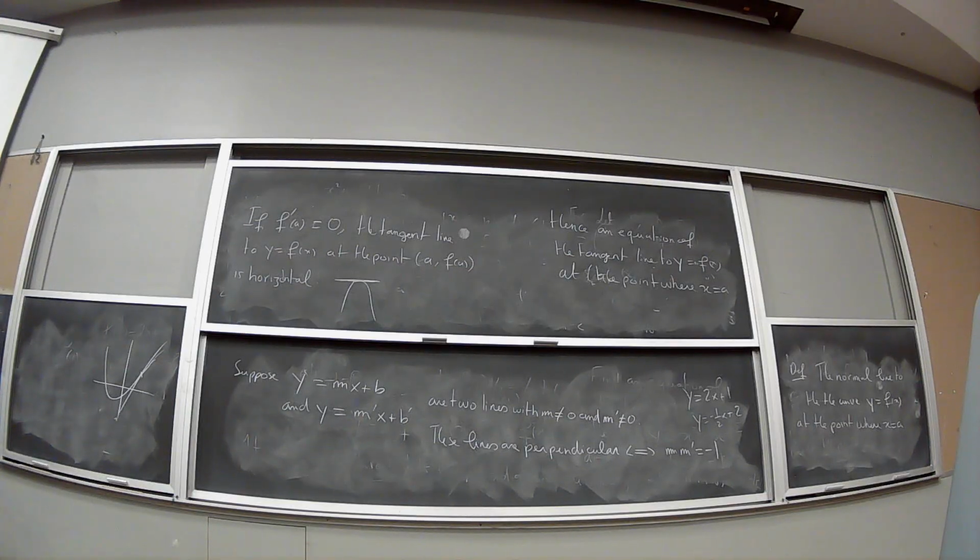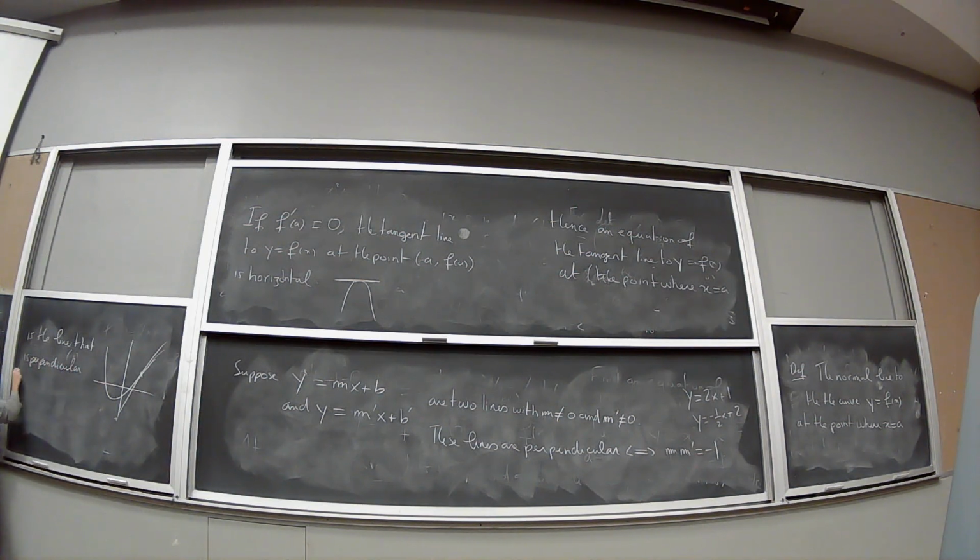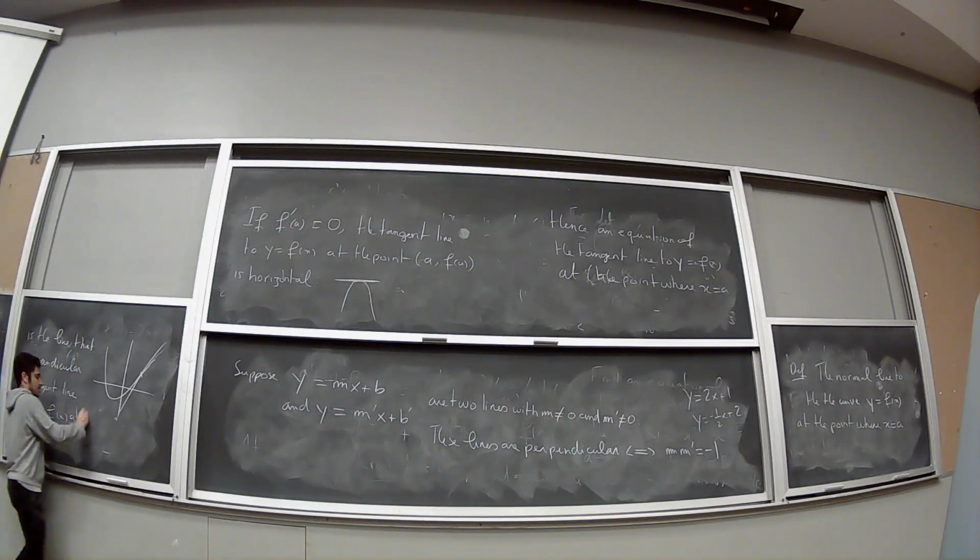So the normal line at x equal a is the line that is perpendicular to the tangent line to y equal f of x at a, f of a.